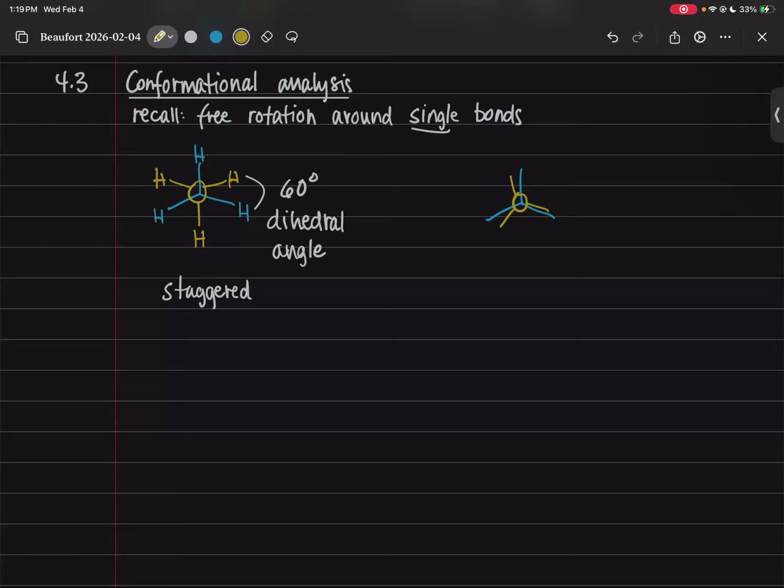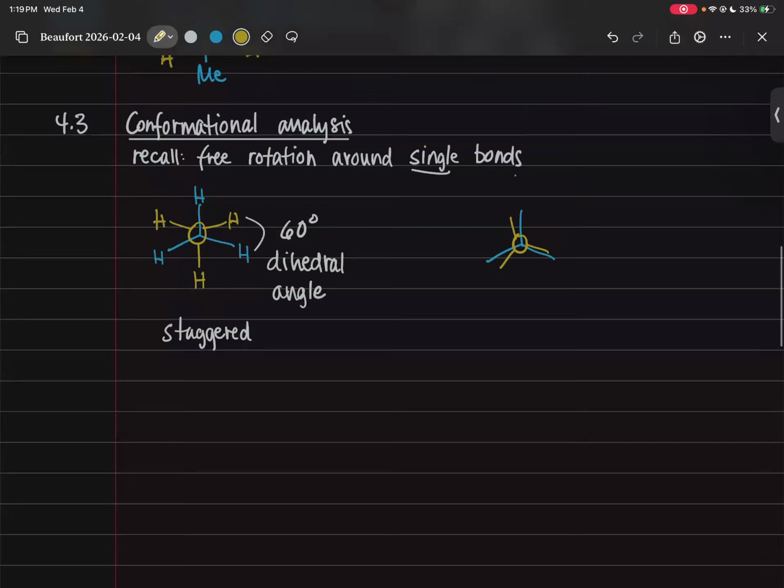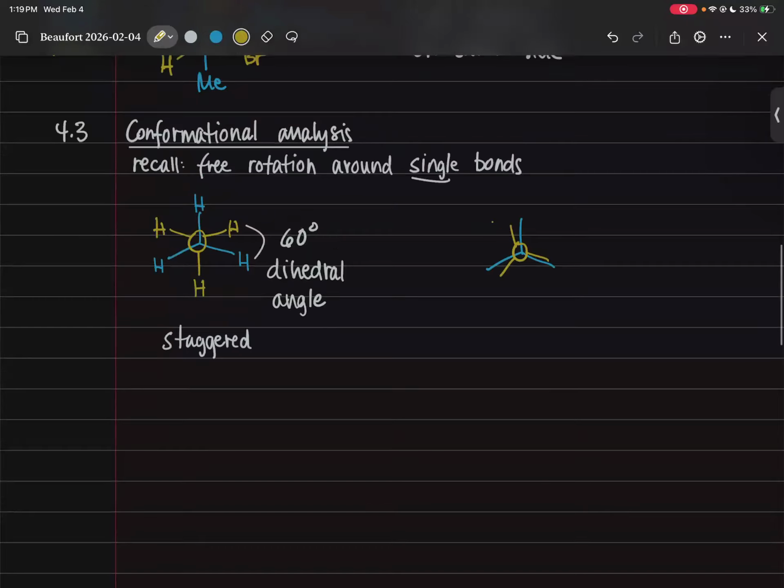The other option is where one of the back carbons is hidden almost exactly behind the front carbon. That's called eclipsed. The way we draw it, of course, it would be kind of impractical to draw them directly on top of each other. So we just make it as close as we can.